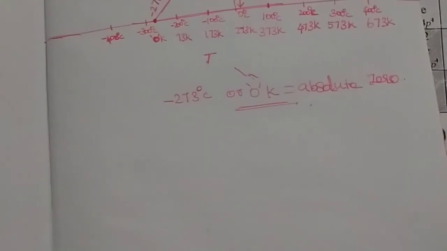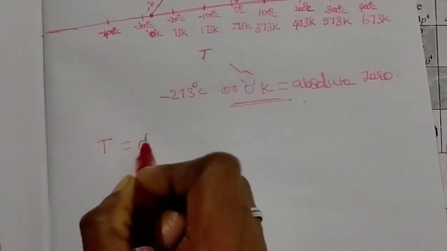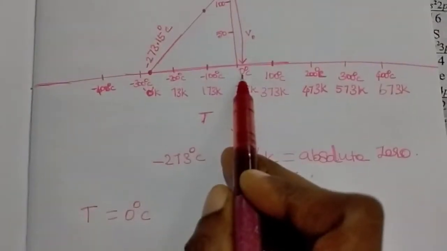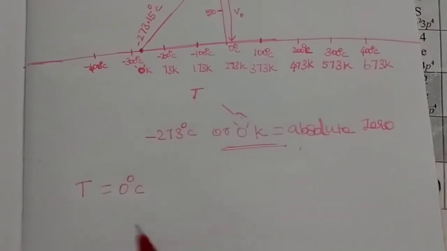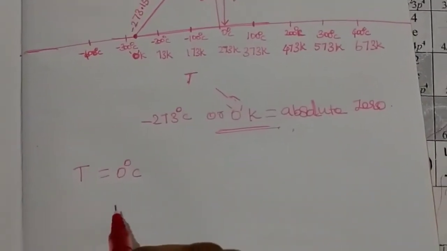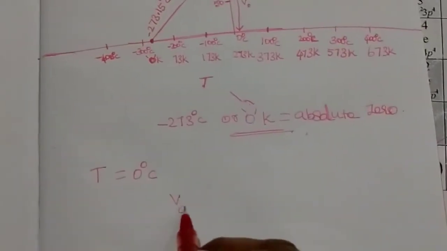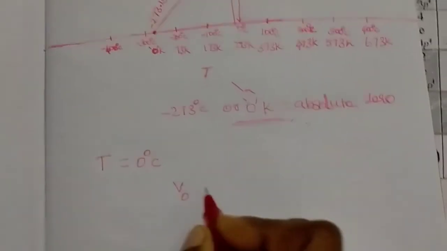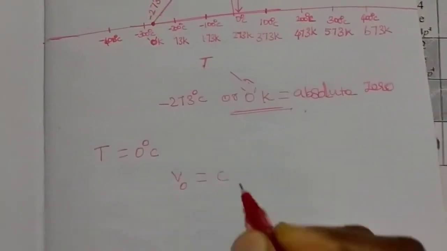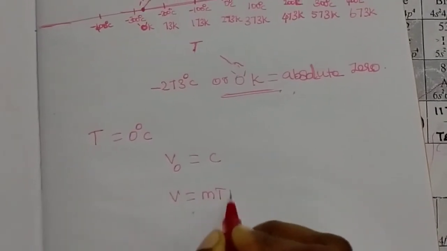If we consider T equal to 0 degrees Celsius, then what will V be? The volume will become V0. So V0 is equal to c, because the whole equation is V equals mT plus c.